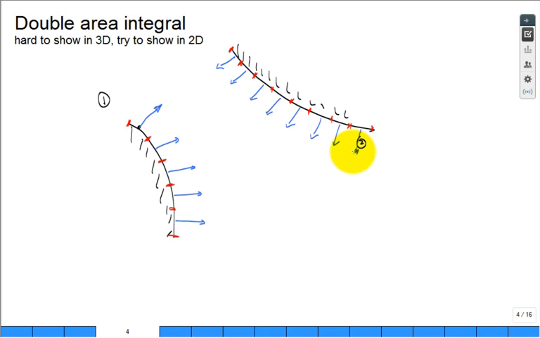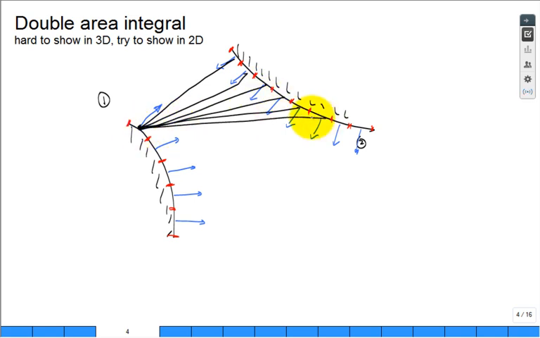Okay. Now what I want to do is I want to do a tally, a summation. So I think of going from this point to that point, that one to that one, that one to that one, and so on. And for one part of surface I, I'm integrating, summing up over surface J, or the second surface.